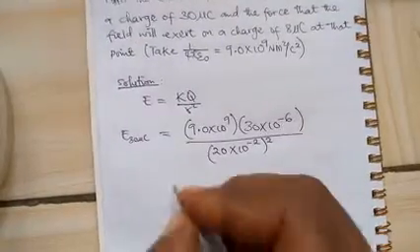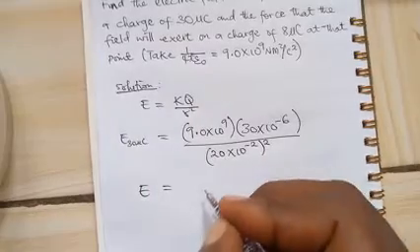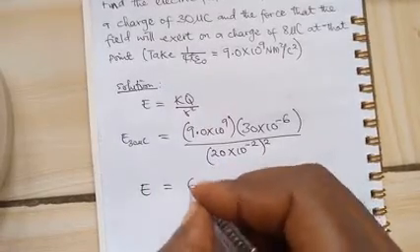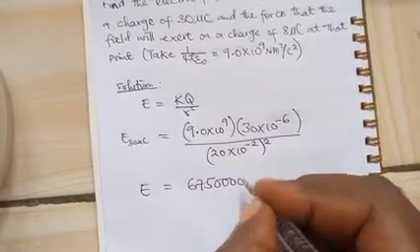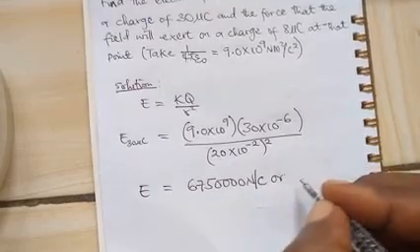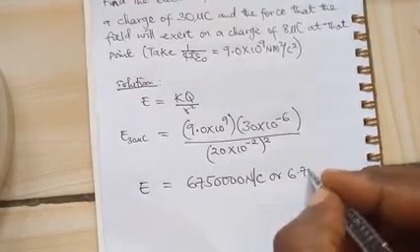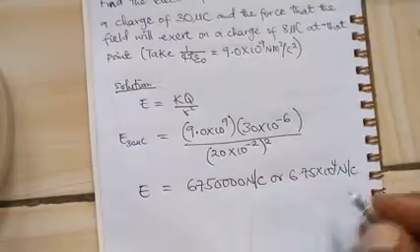All we need to do is to press our calculator. If we press our calculator, the electric field will give us 675,000 Newton per coulomb. You can put it in standard form and say 6.75 times 10 raised to power 4 Newton per coulomb.